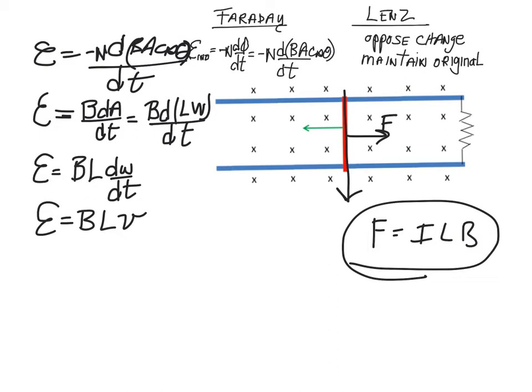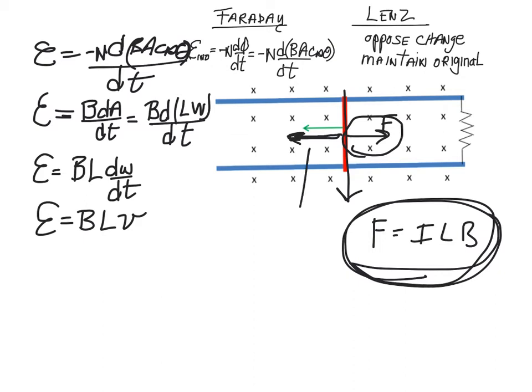So what does that mean? That means as you try to slide the wire this way, there's a force opposing that way. And so you have to apply a force which is equal and opposite to this force, this ILB, in order to make the wire slide at a constant velocity. So constant velocity means the sum of the forces is 0.